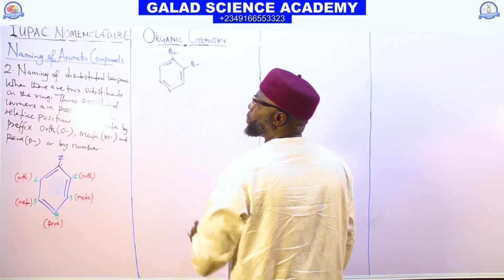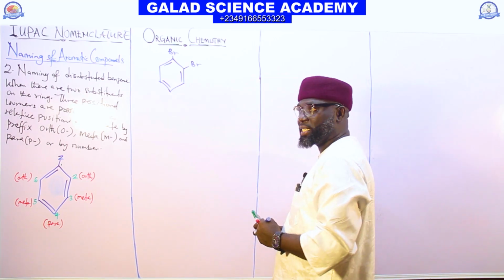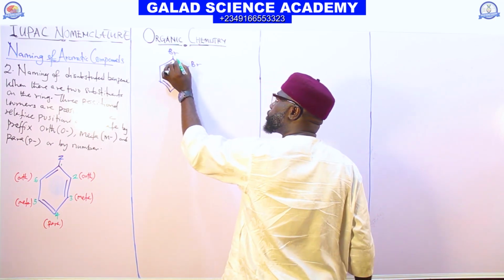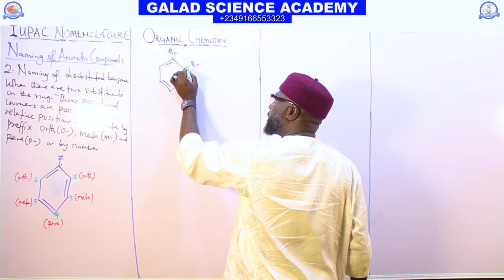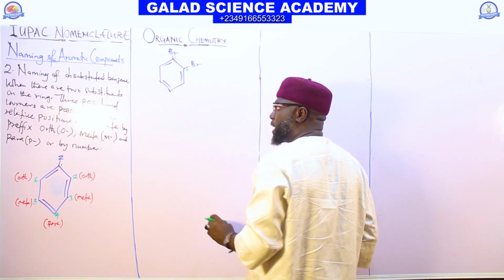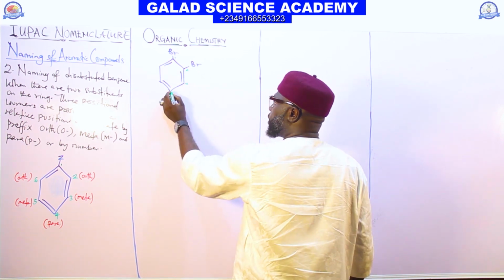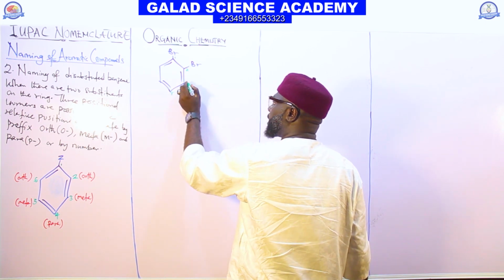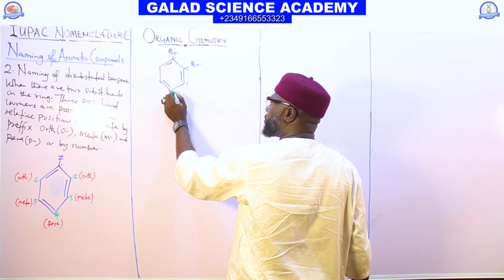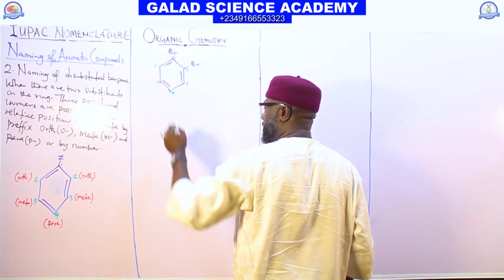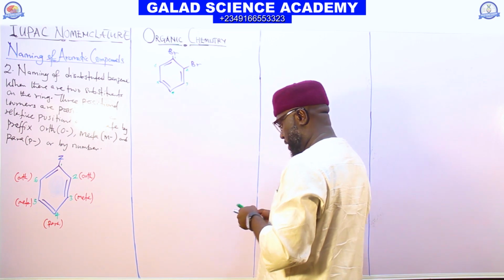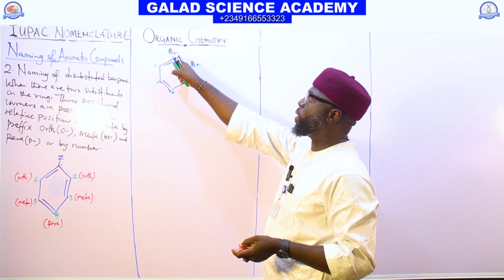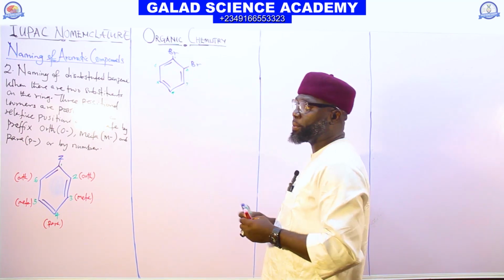The name of these compounds, you can see that normally, if you want to name it, this is 1, this is 2, now this is 3, 4, 5, 6. And if you want to name it now, the bromine is attached to the 1 and 2. Have you now?